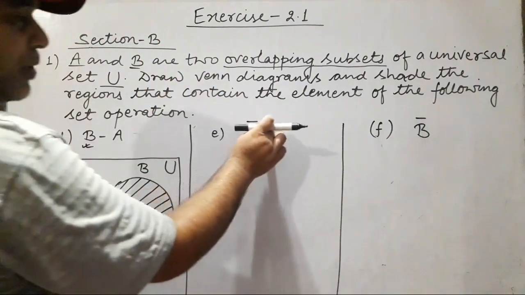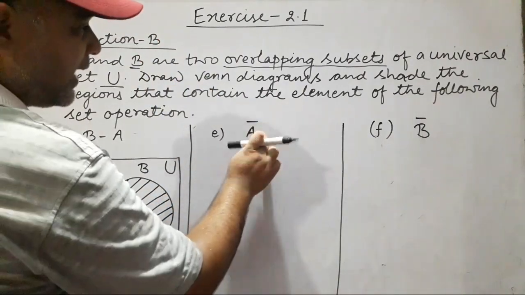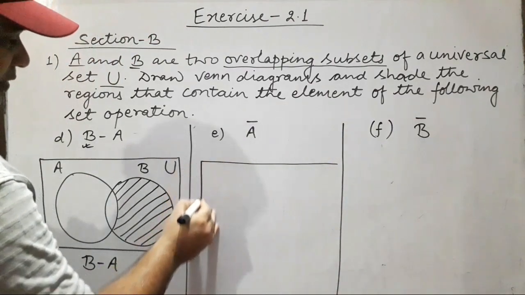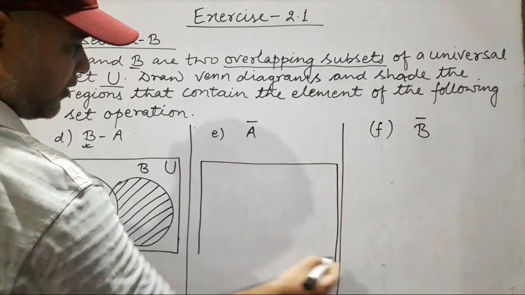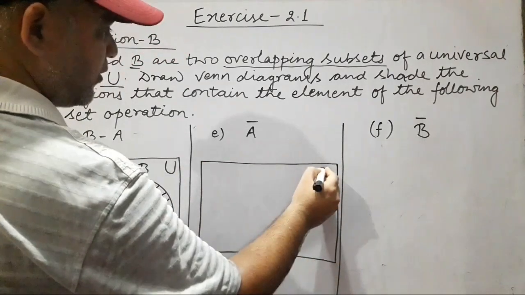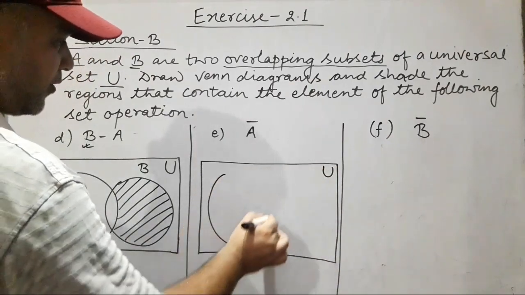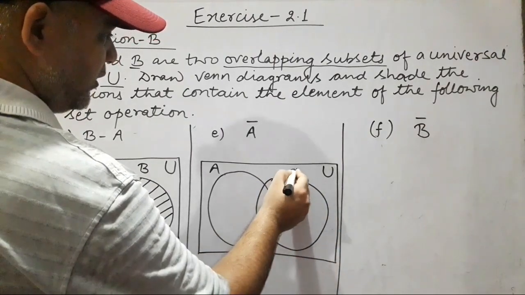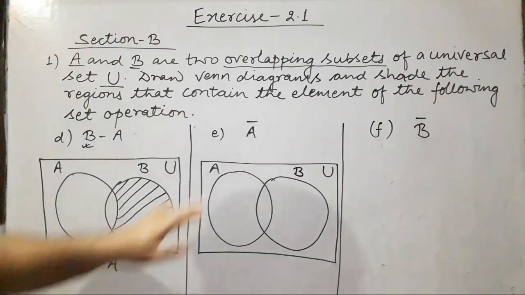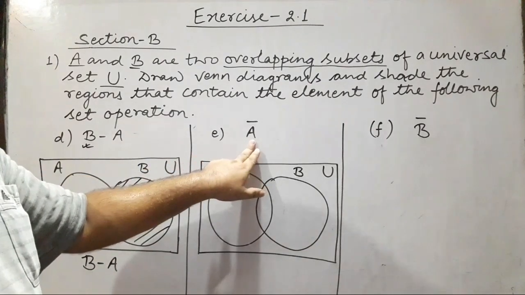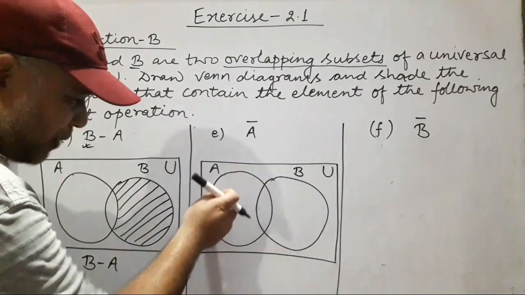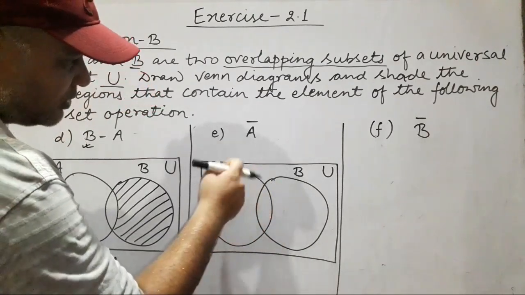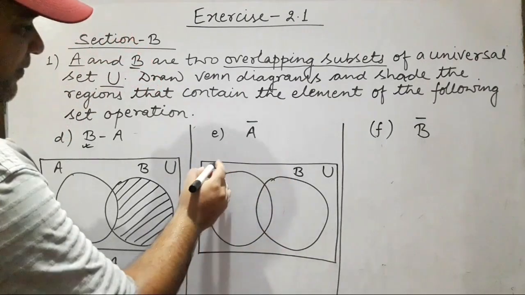That means A complement means all the elements which do not lie in A, that means except A. Universal set U. This is A, this is B. Now I have to show the part which does not lie in A, which is the A complement. That means this circle A, I should not touch.